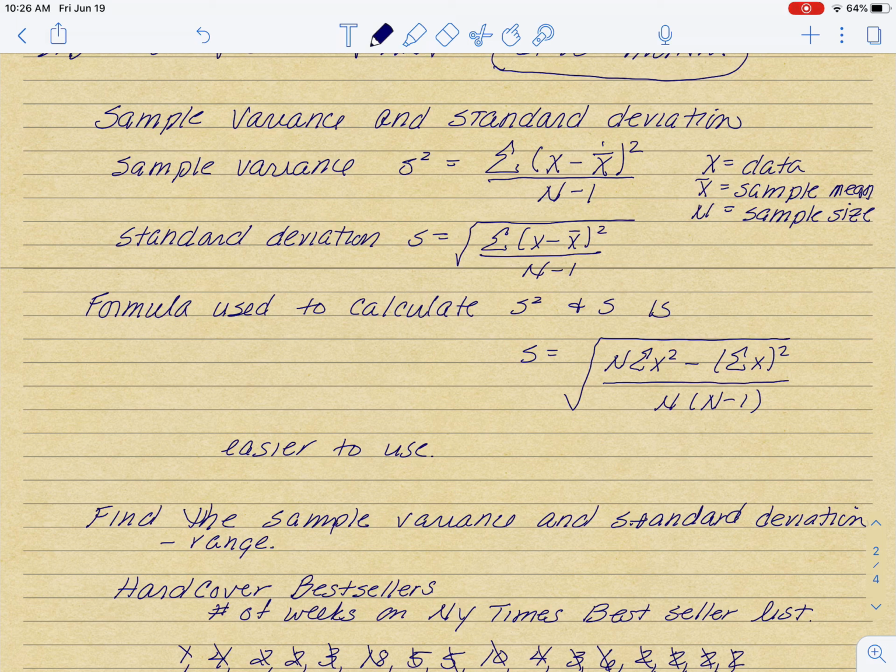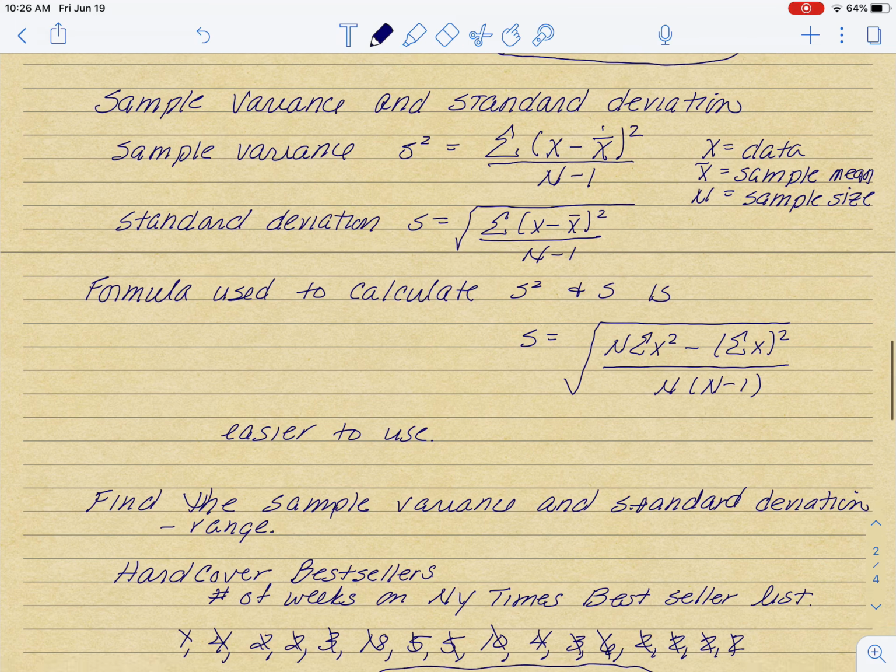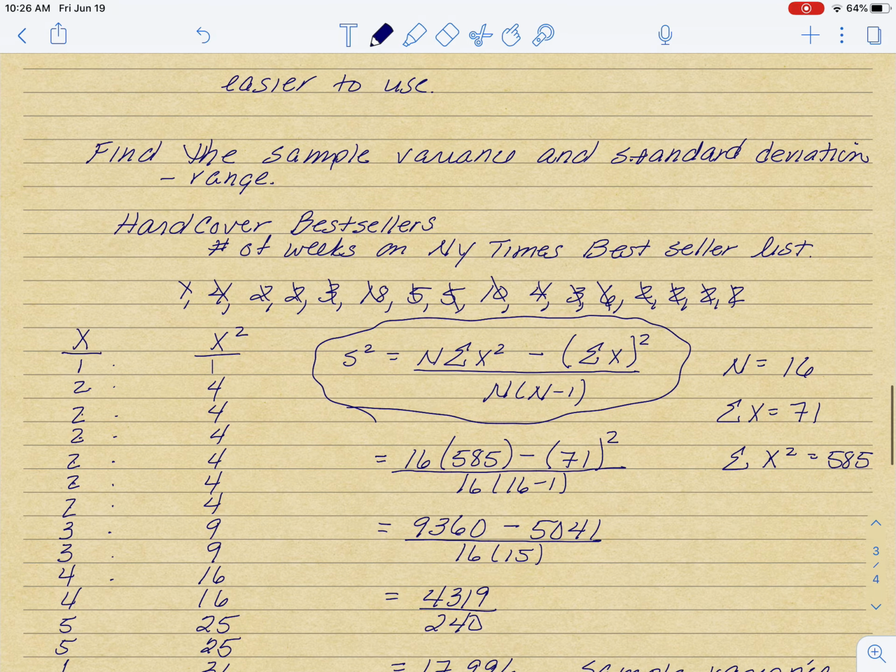So I'd first have to find the average, then I have to find this difference, then I would have to square it, and then I divide by n minus 1. That would cause me to make like 3 or 4 different columns. But with this formula, we only have to have 2 columns. That's why it's easier formula to use.